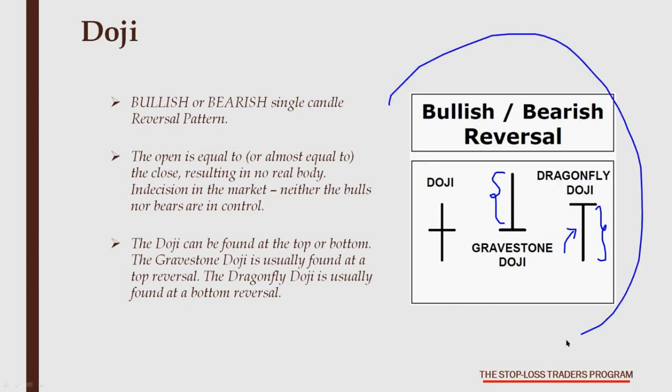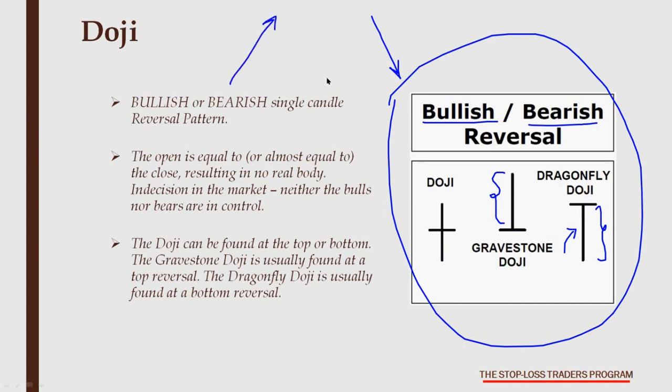For each and every pattern, just memorize this and understand that if it is a bullish reversal, then it should be happening after a substantial drop in price. If it is a bearish reversal, it should be happening after a substantial rally in price. Very simple. Okay?